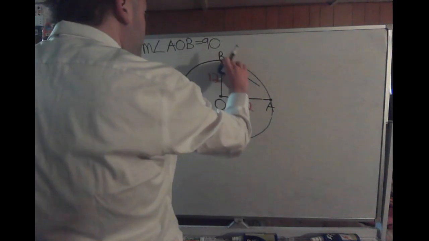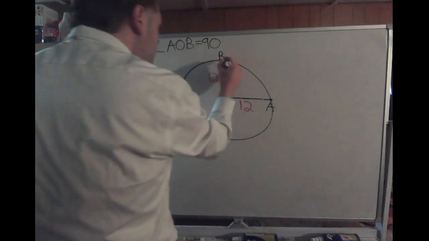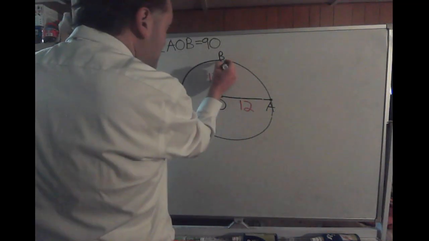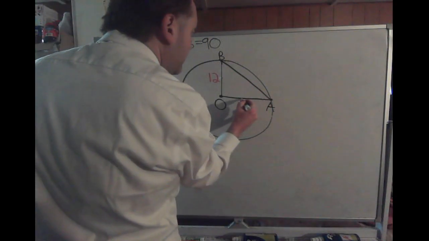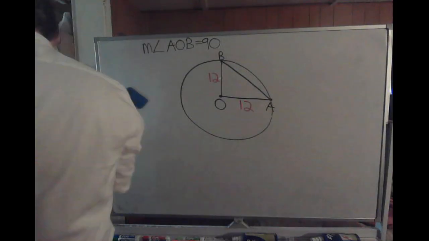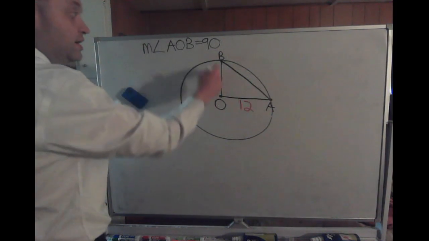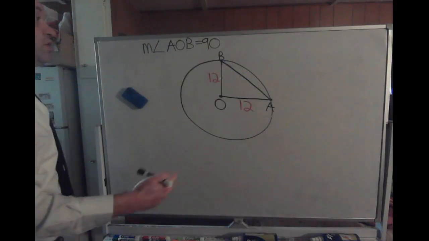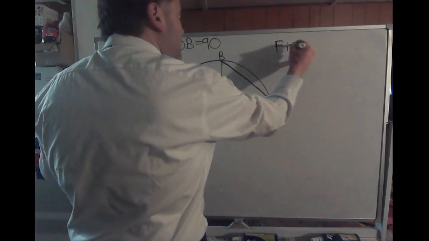I guess I'll just have to freehand it. That's the only thing about dealing with these sometimes: when you try to draw using a straight edge, it can be a bit of a pain. But the point is, here's the segment that connects the points A and B. You have your two radii of the circle, OA and OB, which have a length of 12. We need to find AB.